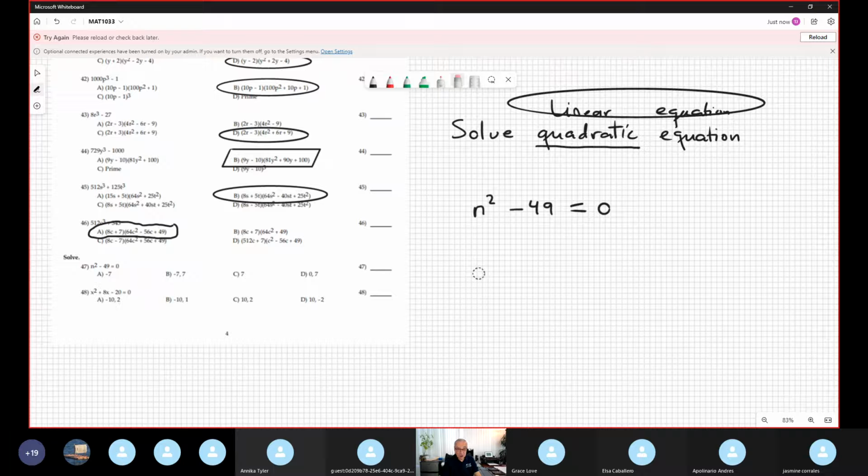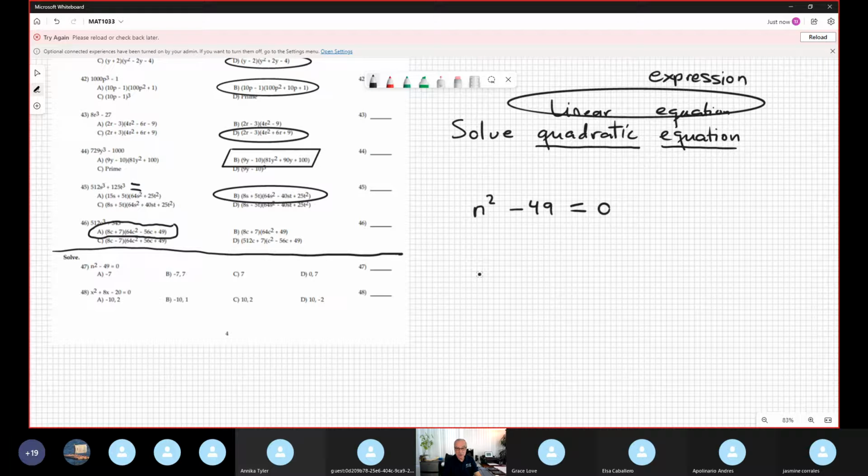Look, it's important that you understand the difference between equation and expression. Algebraic expression. So far, the only thing we are doing was factorization of expressions, because I don't see an equal sign in any problem.